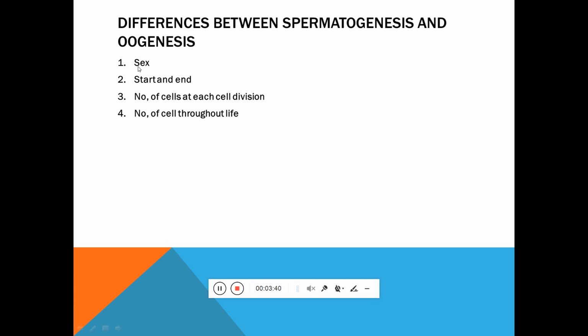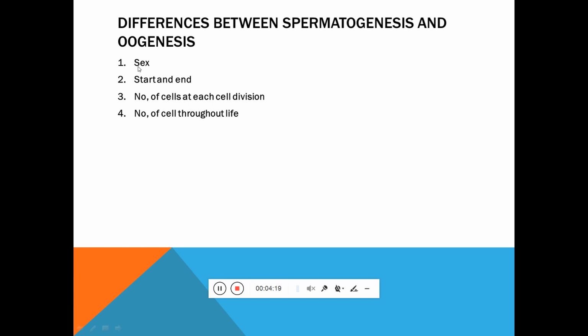One more thing is the number of cells throughout life. So how many cells are produced? In males, once it starts, approximately 100 million sperms per ml are discharged in semen. But in females only one ovum is released each month, alternately from the right and left ovary.